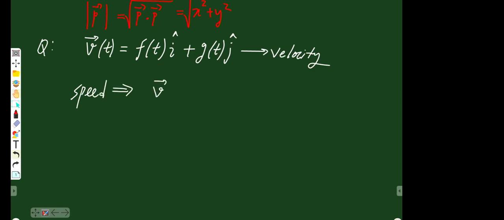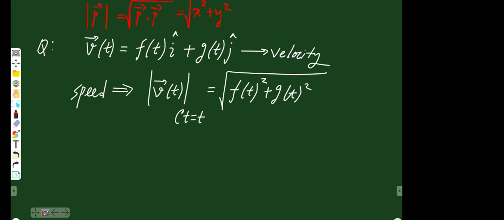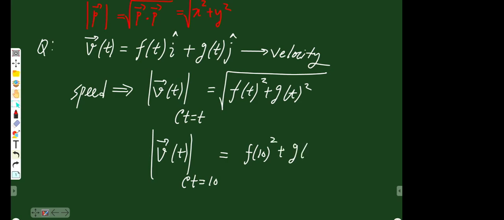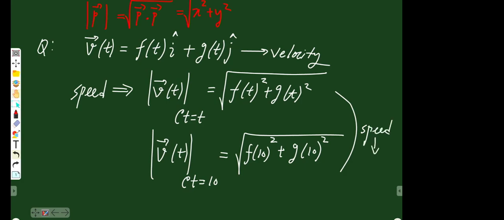Speed is this, but at t is equal to t, guys, okay? So at t is equal to t, that would be f(t) squared plus g(t) squared, square root, right? If you need to find the speed at t is equal to 10 specifically, it's f(10) like that. And that is your speed. Speed is a scalar.